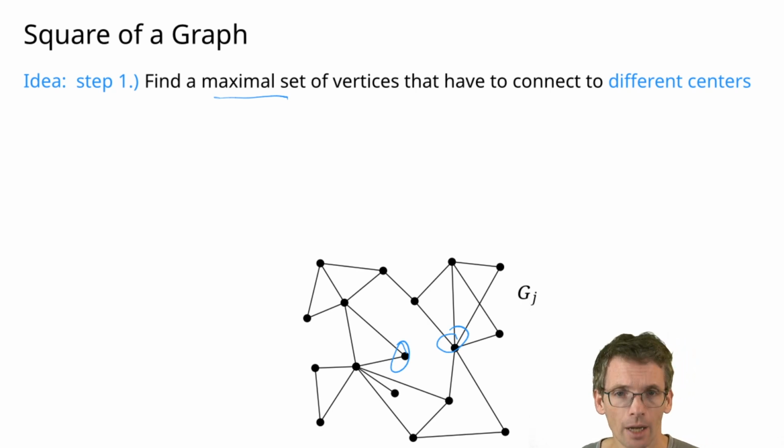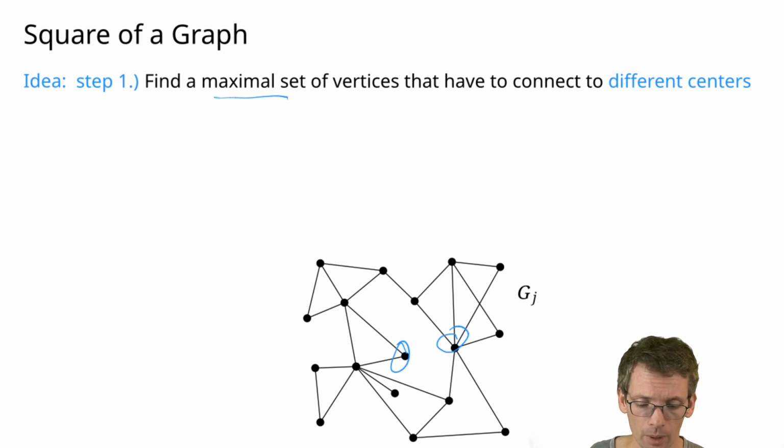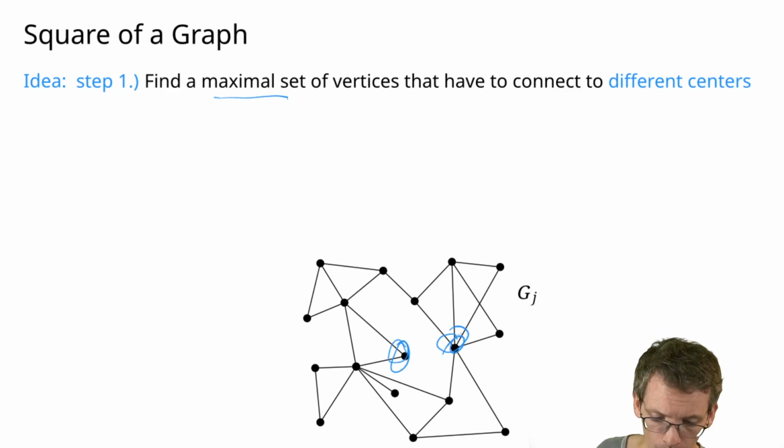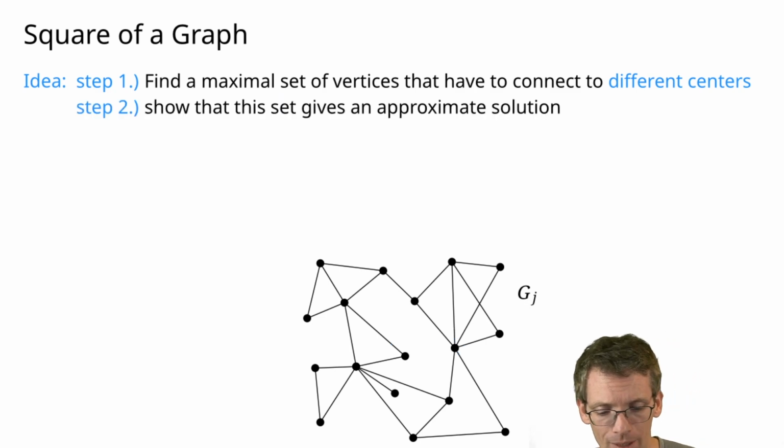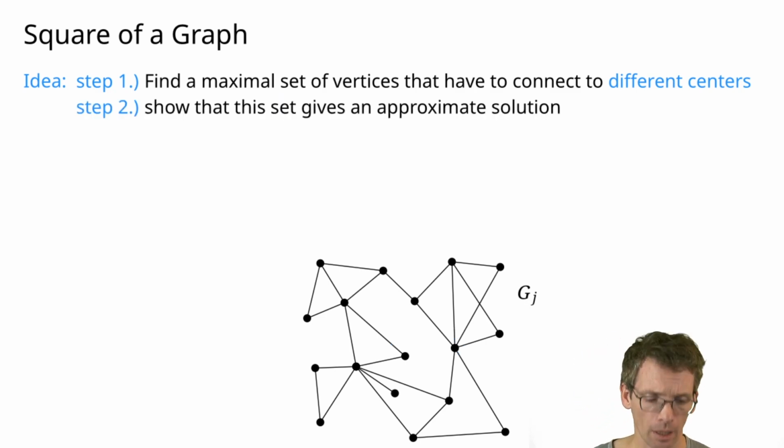So here I could already conclude that I will need at least 2 vertices in my dominating set because one vertex could not cover those 2. This we will formalize. So the idea is if we have a maximal set of vertices that have to connect to different centers, we will show that this actually then also gives us an approximate solution. But let's start with the first part.